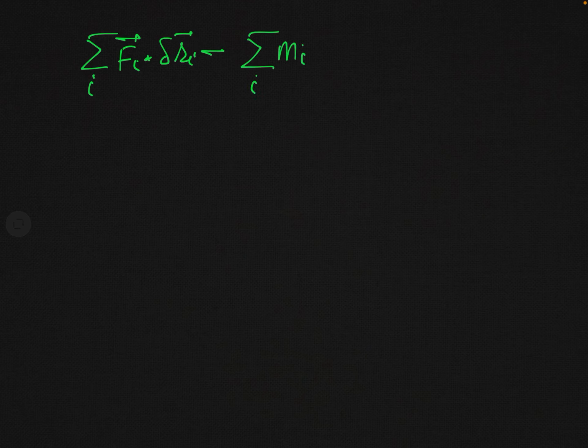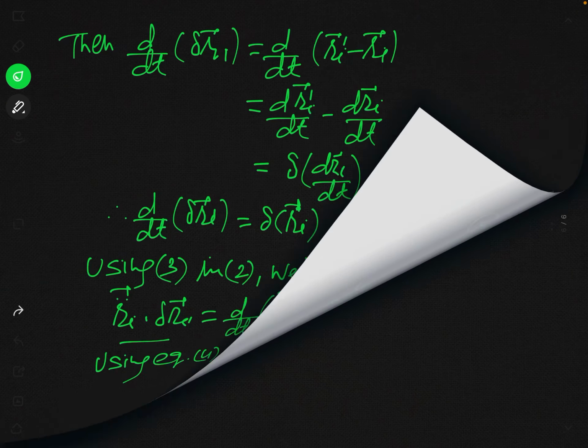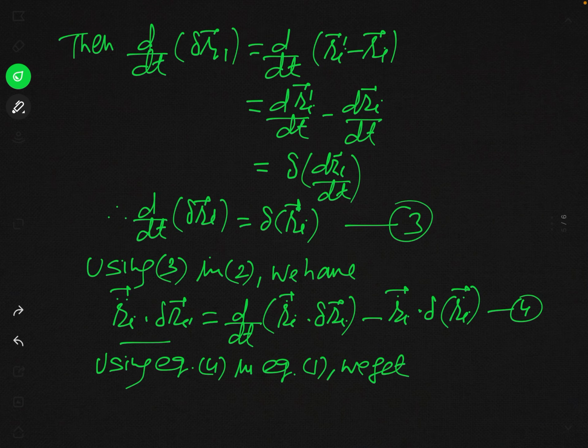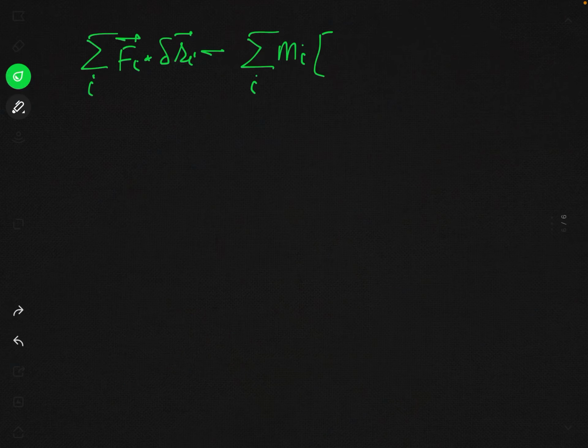In the first equation, the first term is summation over i Fi dot delta Ri and minus summation over i Mi, and there is Ri double dot delta Ri, whose value we have already evaluated. So let us substitute this value in that equation.